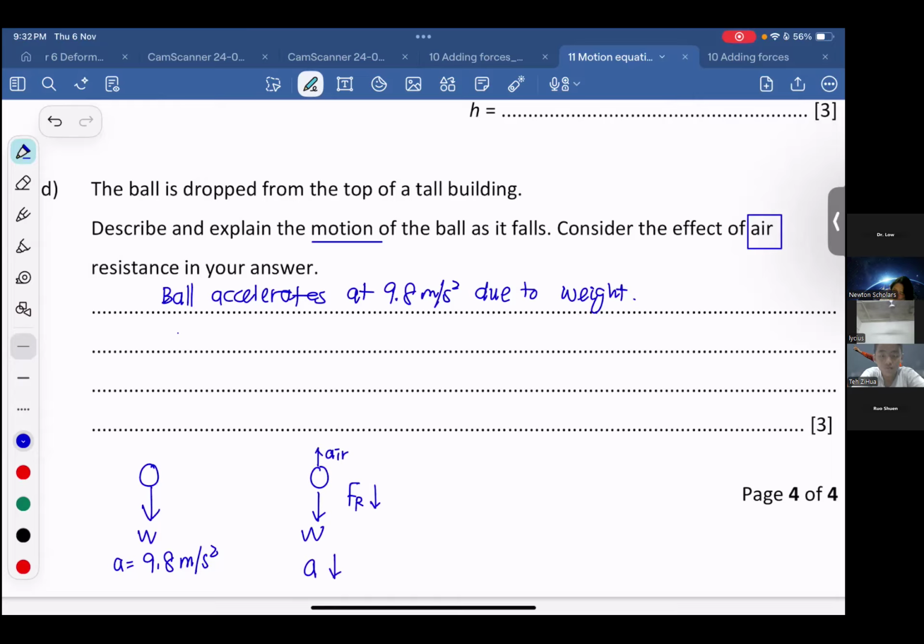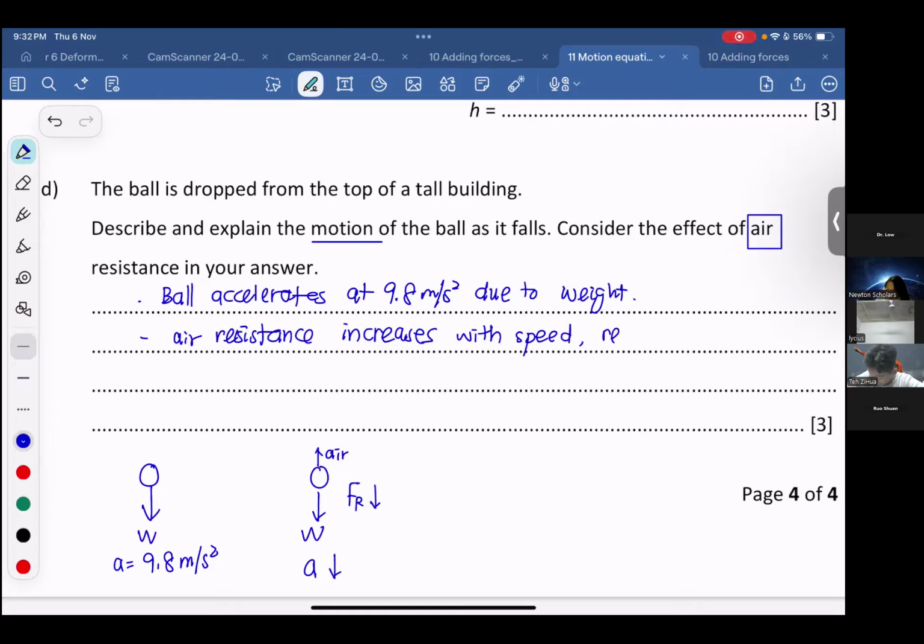Second point, air resistance increases with speed. You imagine when you're walking, you cannot feel air resistance, but when you run or are inside a car, you can feel the strong wind. Actually, that is air resistance. Then air resistance increases with time.